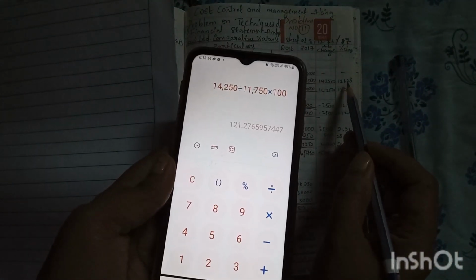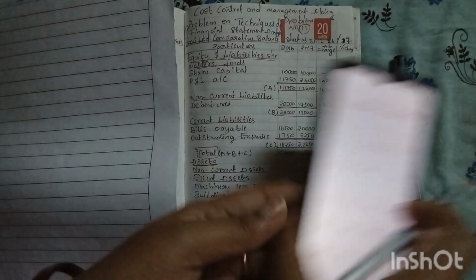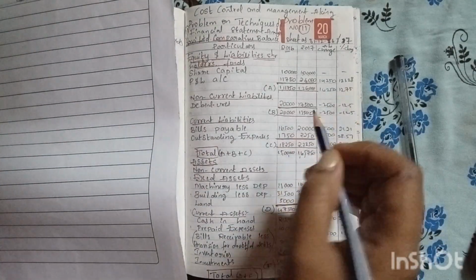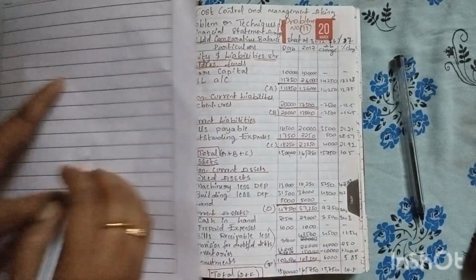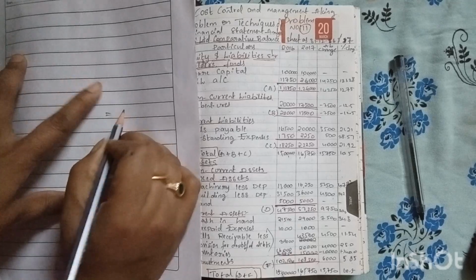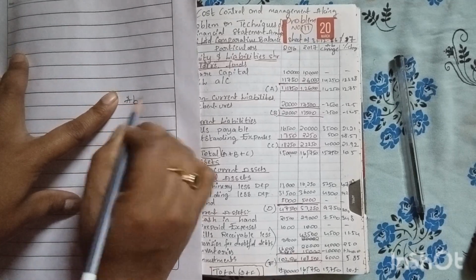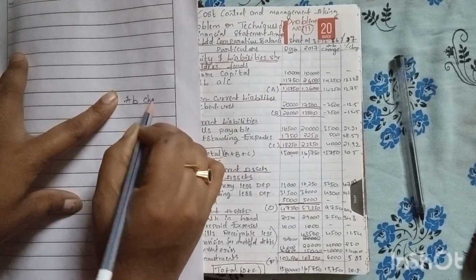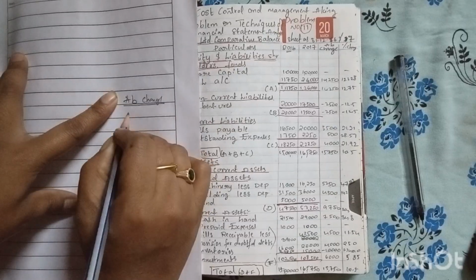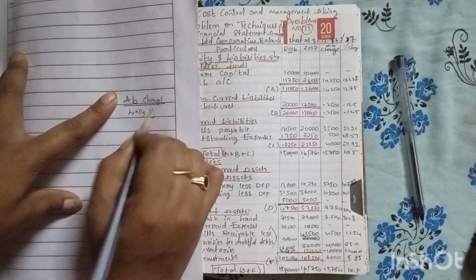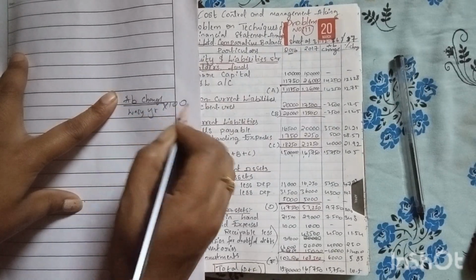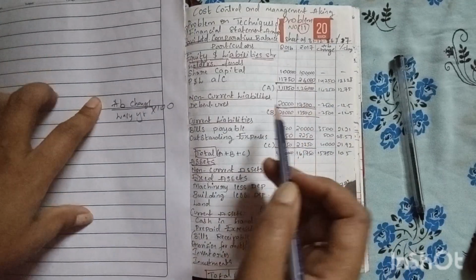If you do this, you will get 121.27, so you will write 28. So the absolute change I already said, right? The percentage is absolute change divided by last year into 100. So we will apply this formula, right?